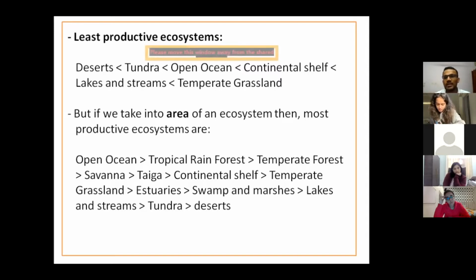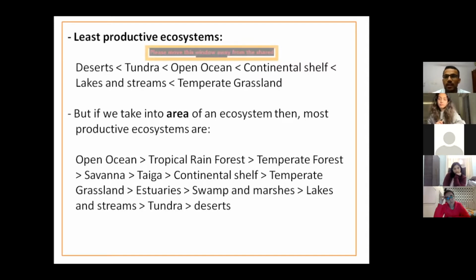Then continental shelves. Continental shelves are also less productive, but they are more productive than open ocean, because the continental shelf may have access to nutrients that are coming from land. Then lakes and streams. Lakes and streams are more productive than these ecosystems. And finally, temperate grasslands. Fine.